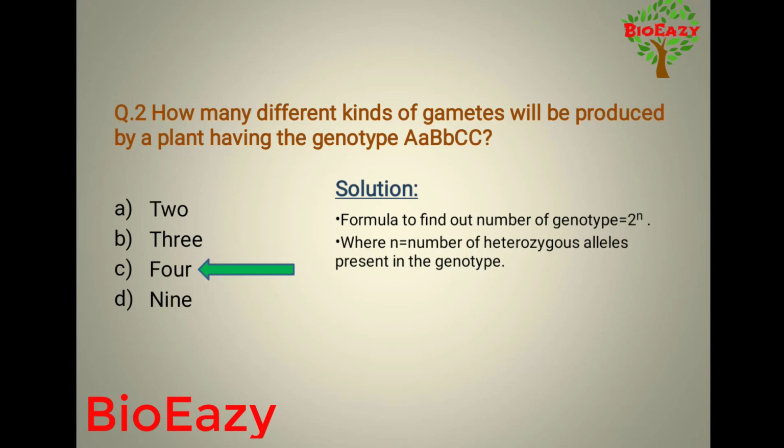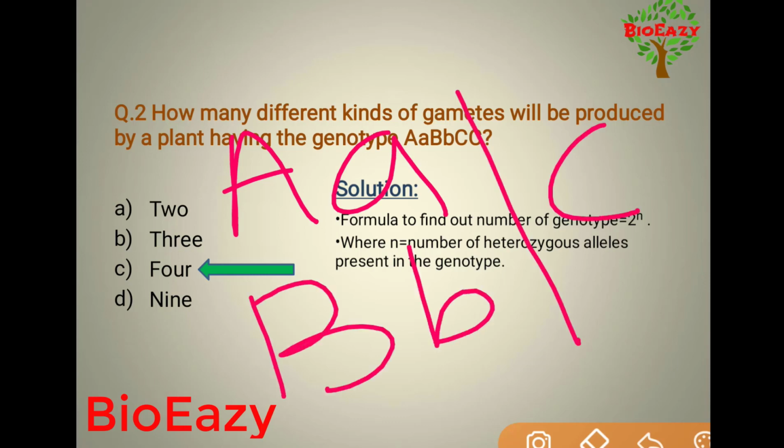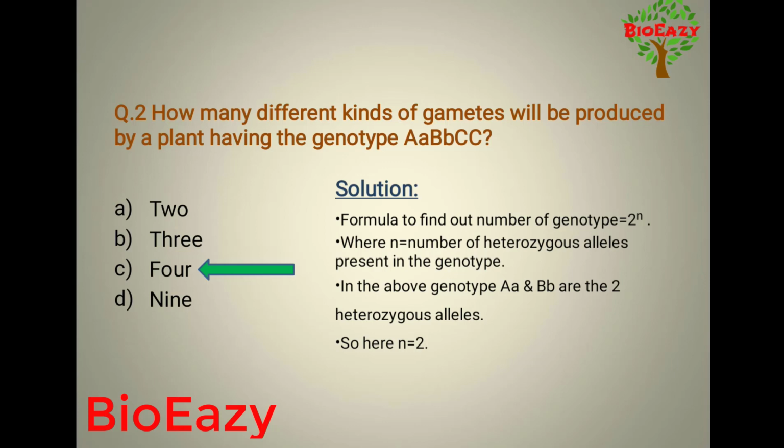And you can see in the above question there are 2 heterozygous alleles, which are capital A small a and capital B small b, while capital C is the homozygous allele. So according to the formula, n is equal to 2, and we can put this value in our formula so that we can find the answer 4.